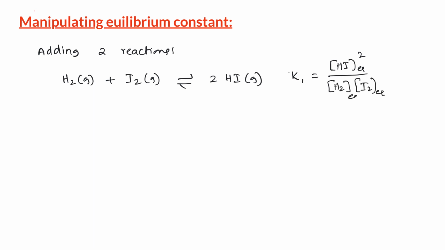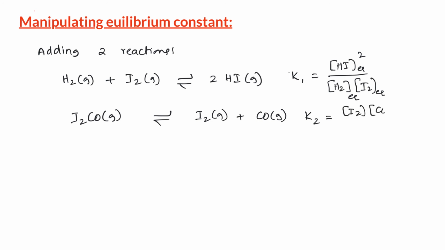The second reaction is I2CO gas dissociating to produce 1 mole of iodine gas and 1 mole of carbon monoxide gas. The equilibrium constant for this reaction, K2, is equal to the concentration of I2 times the concentration of CO divided by the concentration of I2CO.